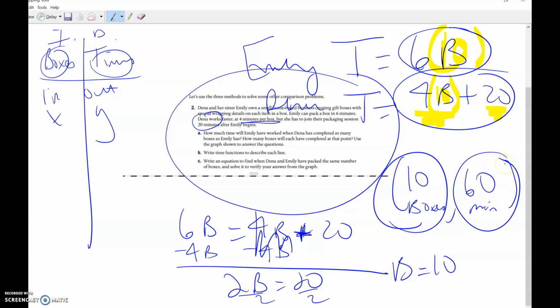Because the one's faster, so she's basically made up her 20 minutes of being late. All right, and when you subtract, you can kind of see that when does that 2-minute difference per box, the rate, because the one's slower than the other, catch up to the 20 minutes? And it's at 10 boxes.